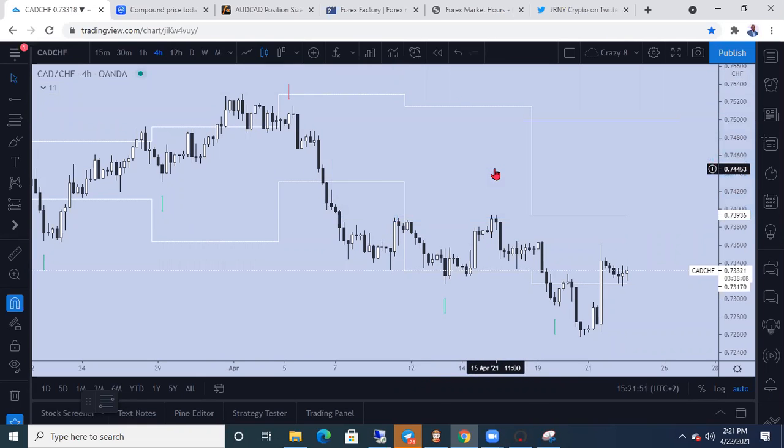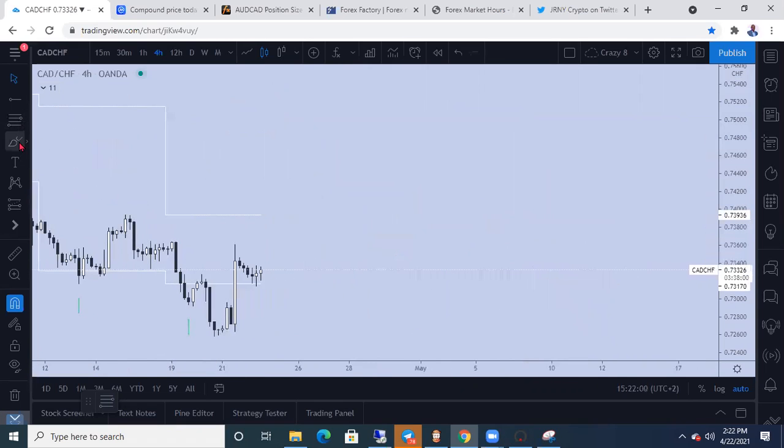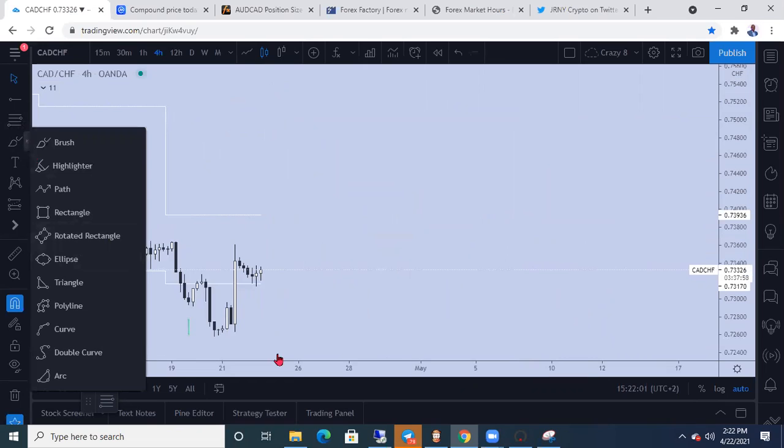Now, two weeks ago, we explained the concept that if you have a bullish or a bearish engulfing, so let's say I have a bearish candle and then a bullish candle, something like that.